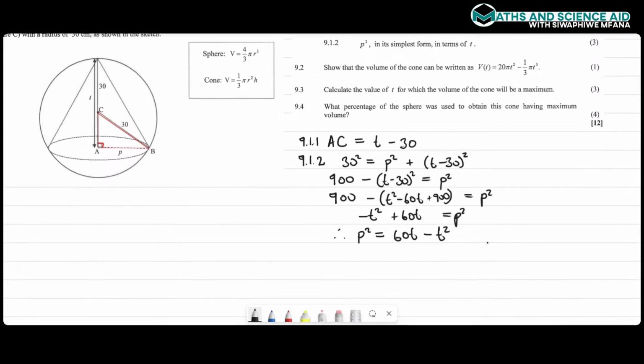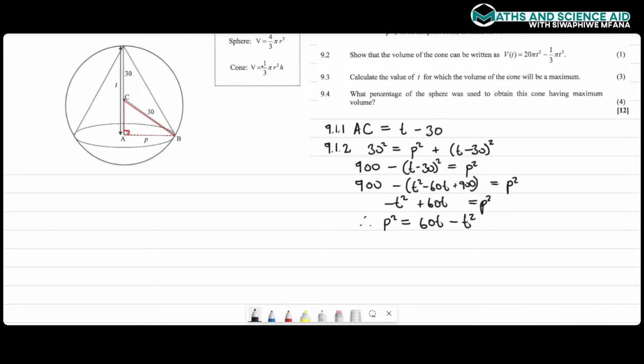Now moving on to 9.2, this is the volume, the formula for the volume of a cone. So here for 9.2, we'll obviously make use of that. We'll have 1 over 3 pi, and then what is our r squared going to be? Note here that the radius that we are talking about now is the radius of the cone. The radius of the cone is AB, and it is equal to P. So in place of r, we can sub in P, and then we'll get P squared.